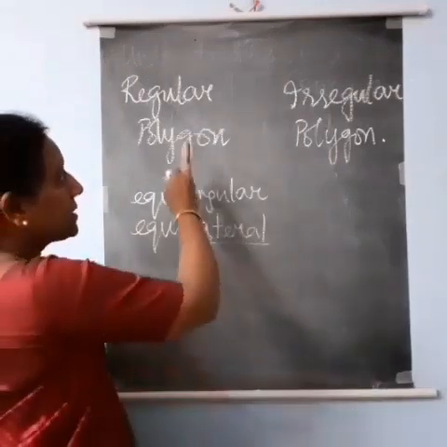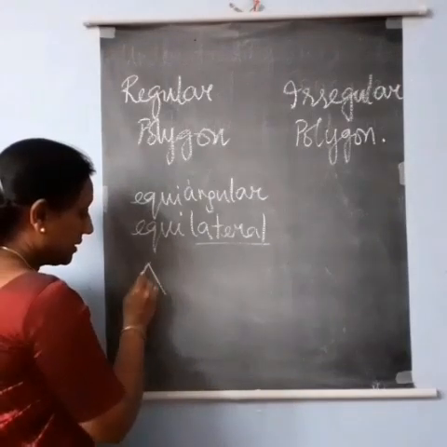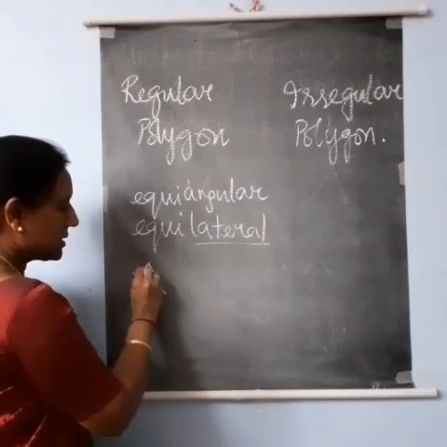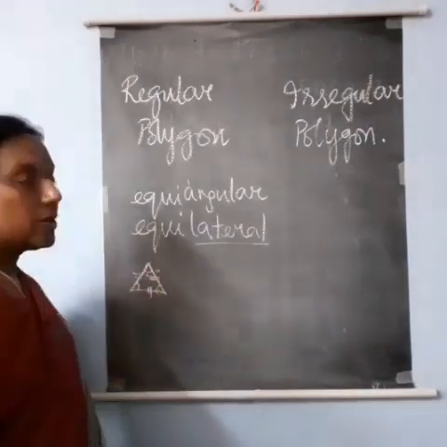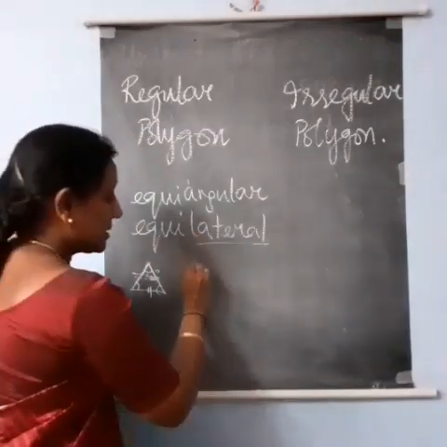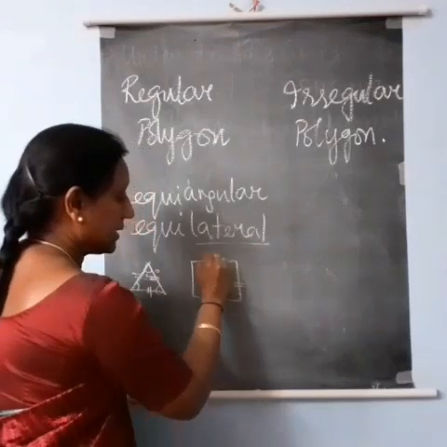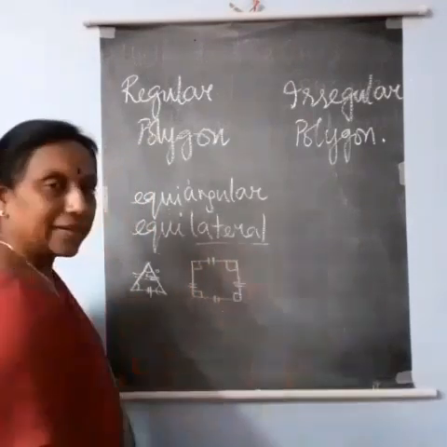So examples of a regular polygon will be an equilateral triangle. Equilateral triangle, all sides will be equal as well as all angles will be 60 degrees. Correct? Now, another thing is a square. Square is what? All sides are equal and all angles are 90 degrees. Correct?